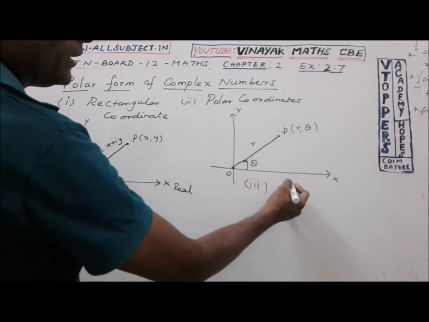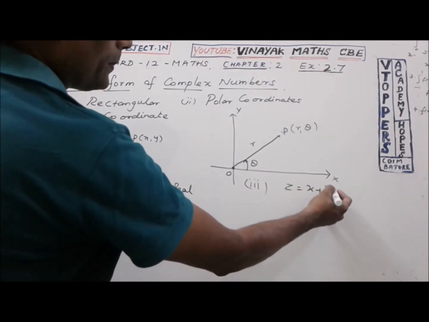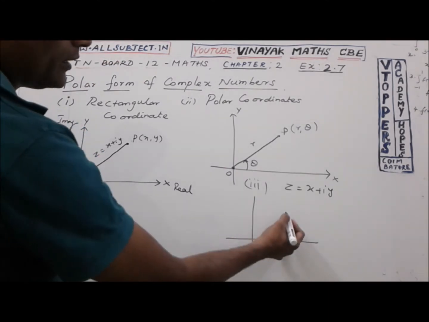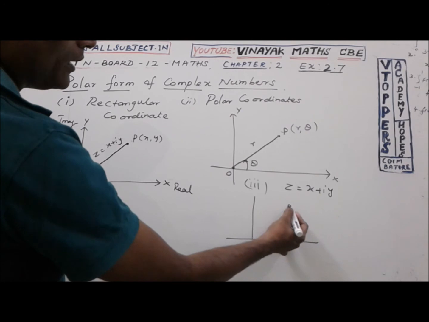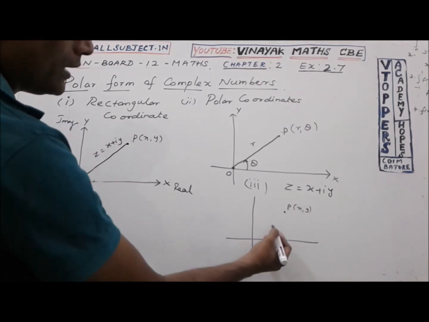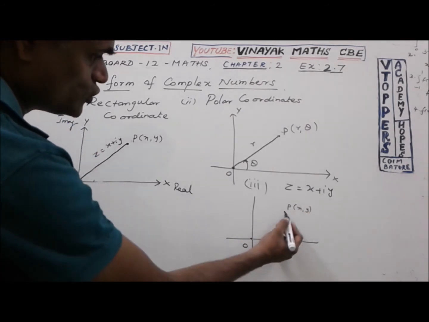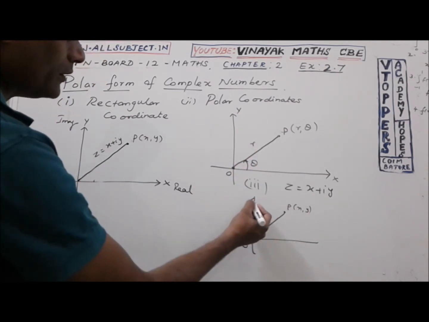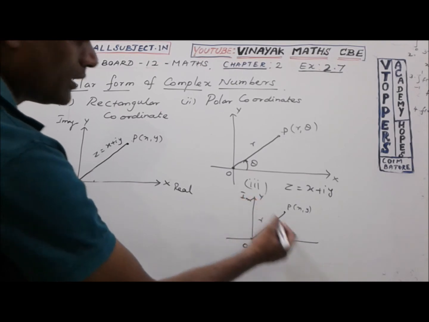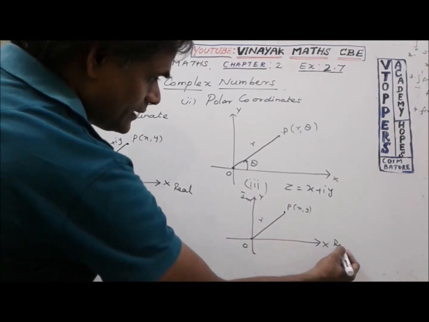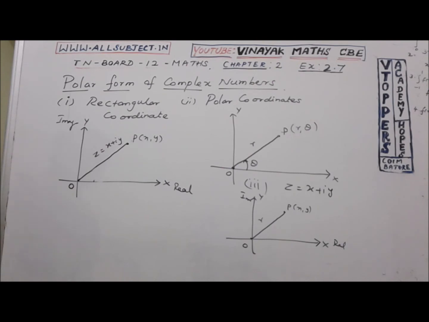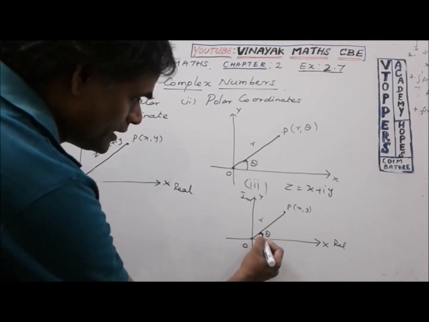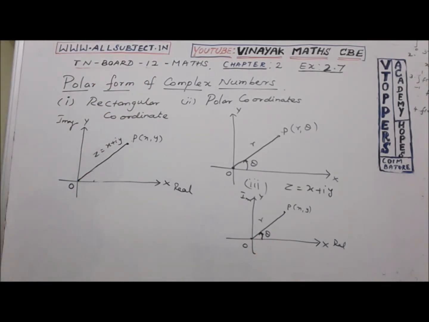For example, z equal to x plus iy, marked in the Argand plane, is a point P of x comma y, and the distance from the origin to P is taken as r. This is the imaginary axis, and here we have the real axis, the x-axis. Now it has some angle theta made with the positive direction of the x-axis.